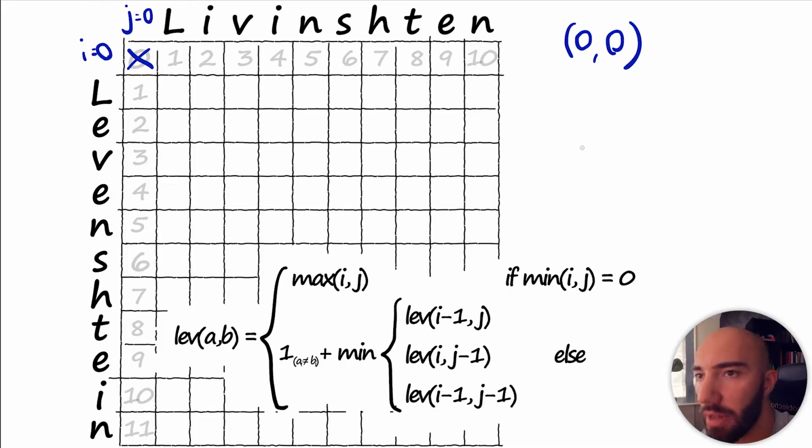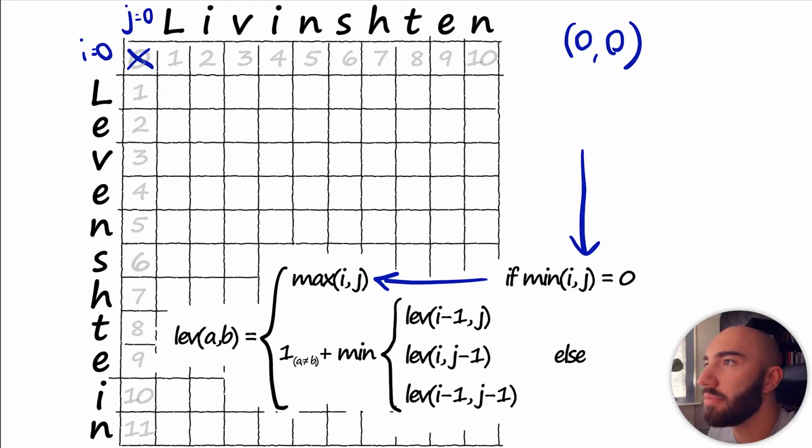So we start there, we come down to here, and we say, okay, if the minimum of i or j is 0, then you need to pass over to this point here. And then this tells you to take the maximum value between either i or j. Now, i and j, they're both 0. So the maximum value between both of those is 0.